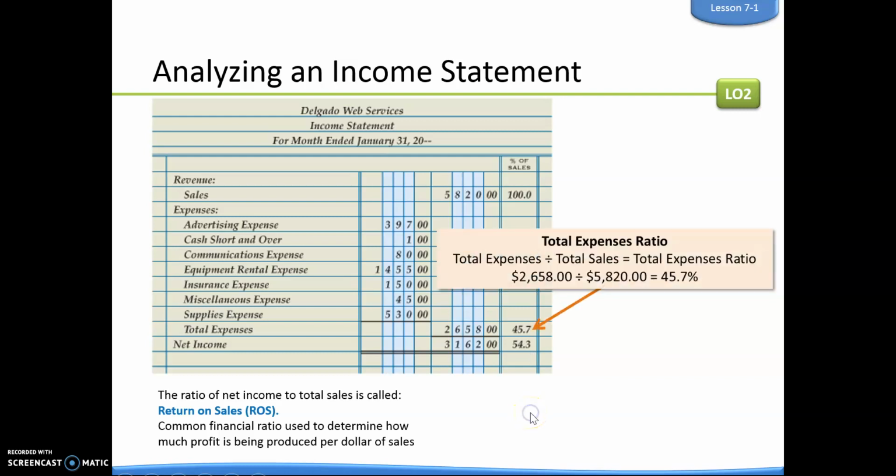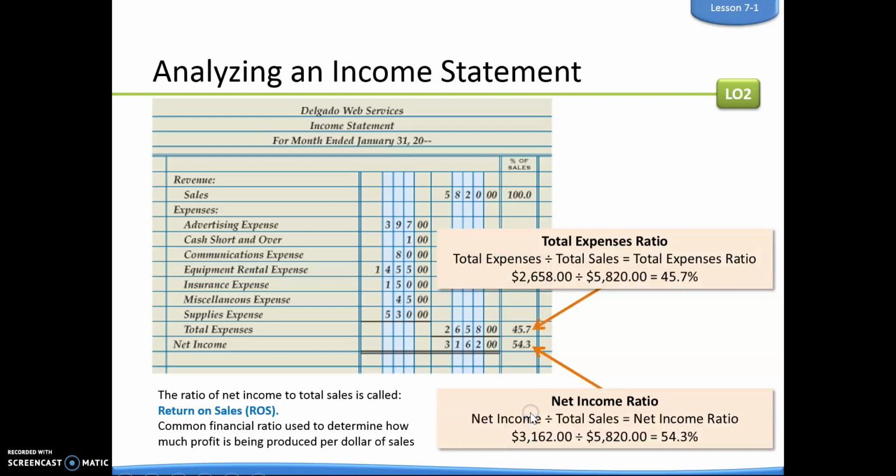Okay, so that's all we're doing here, total expense ratio and total net income ratio. And all you do is divide by your total sales. Total sales is always going to be 100%. Okay, always going to be 100%. But do you see how we're working vertically? That's why we call it a vertical analysis ratio. Eventually we will have horizontal, but not at this point in time. So right now we're just going up and down, which is why they call it vertical.